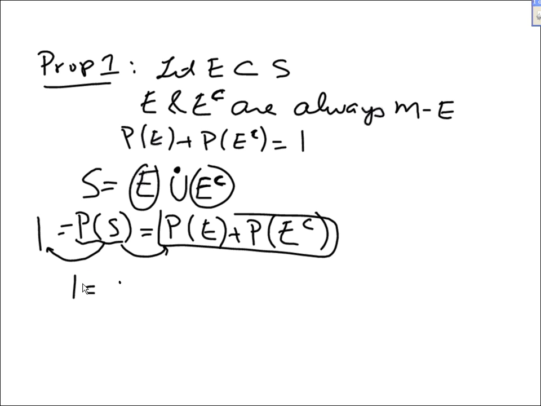So P of S equals 1, and P of S equals this. That is, 1 equals this by the transitive property of equality. 1 equals P of E plus P of E complement.